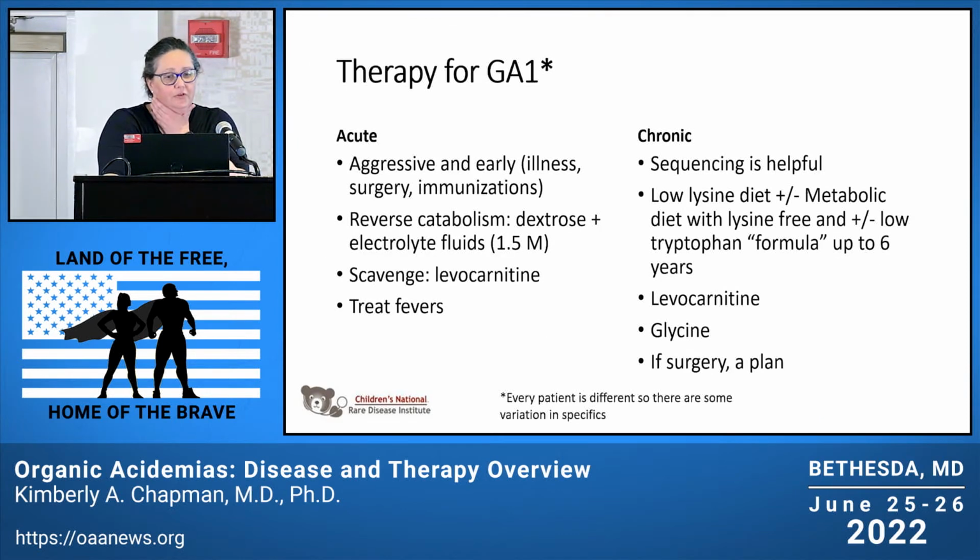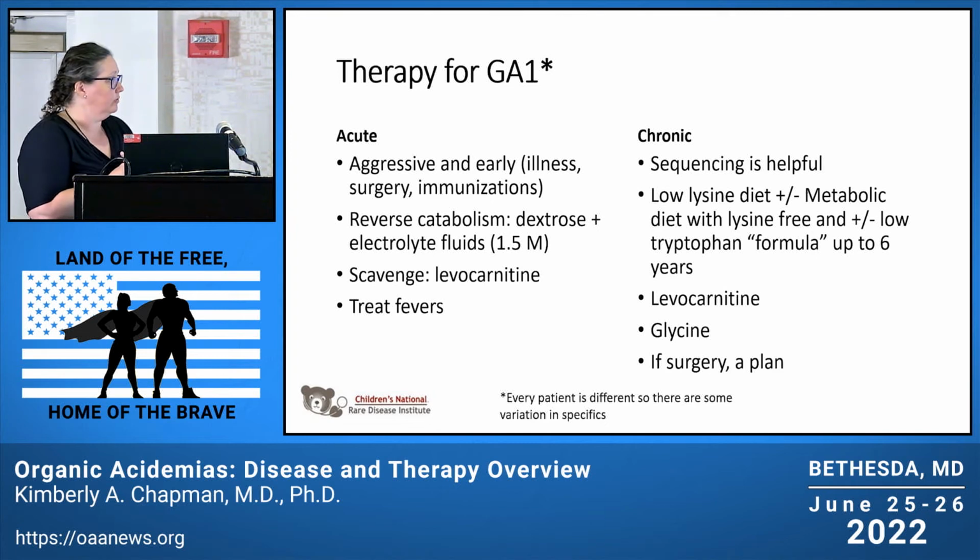So therapies for GA1s. Because decompensation can occur with illness more than any of the others, you have to be aggressive and early. You have to plan for surgery and immunizations. This is where you're going to reverse catabolism with your dextrose plus electrolyte fluids at 1.5 maintenance.